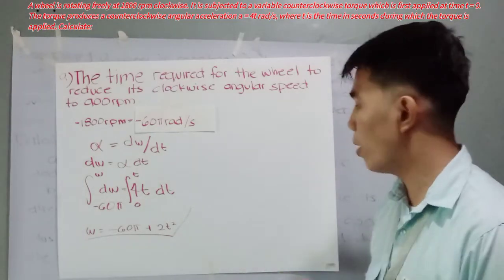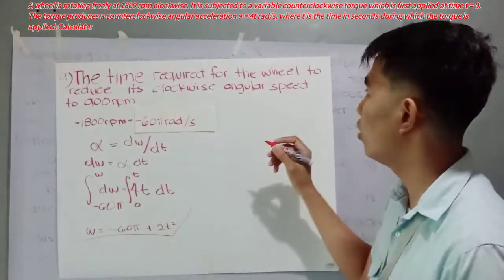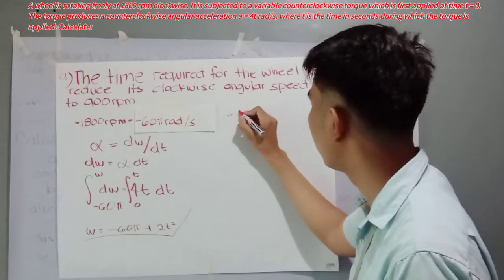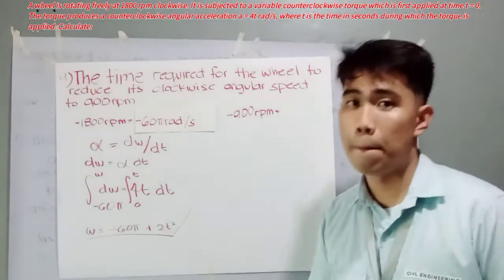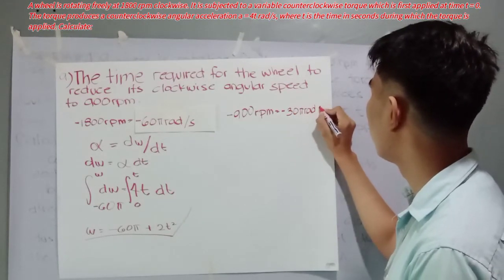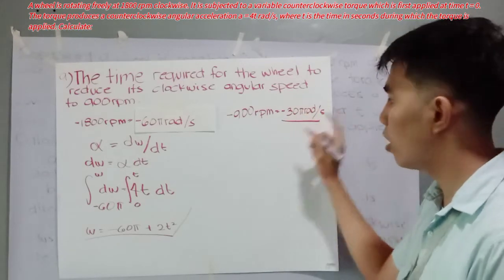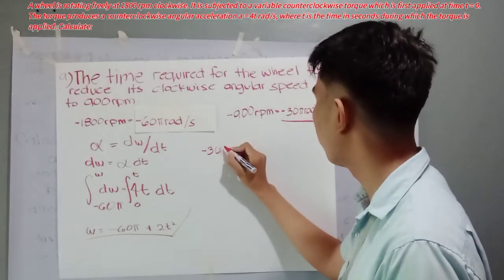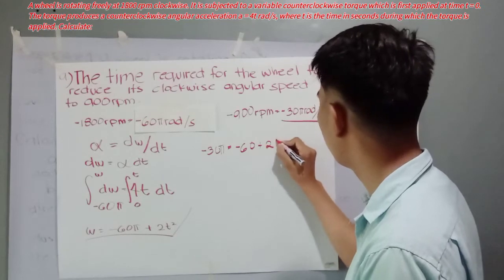The omega is 900 rpm, so we substitute. First, the 900 rpm clockwise needs to be converted to rad per second. Clockwise, it is negative. Converting it, it becomes negative 30 pi rad per second. So we substitute negative 30 pi rad per second for omega in our equation: negative 30 pi equals negative 60 pi plus 2t squared.